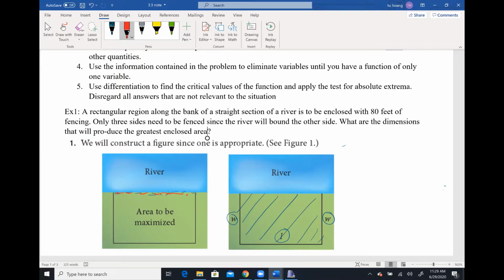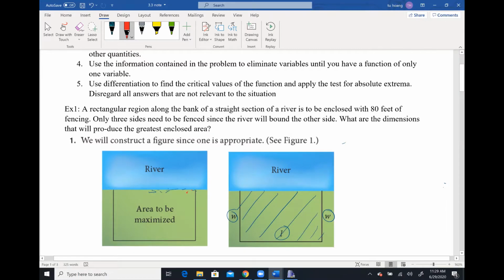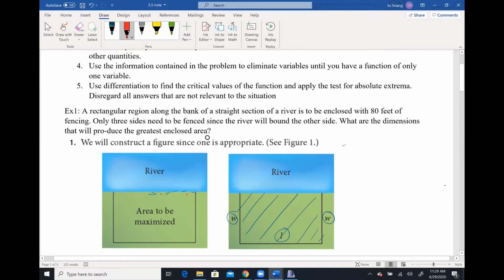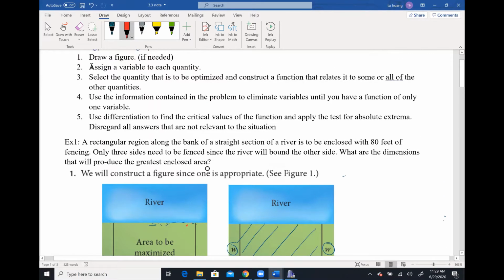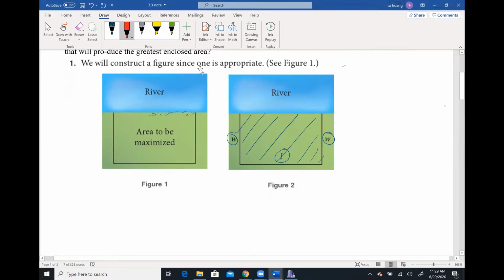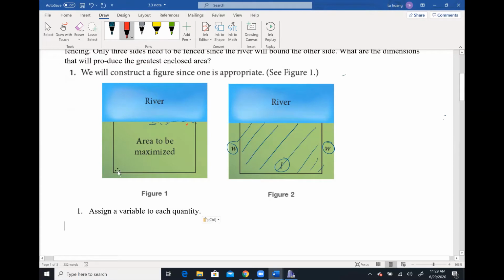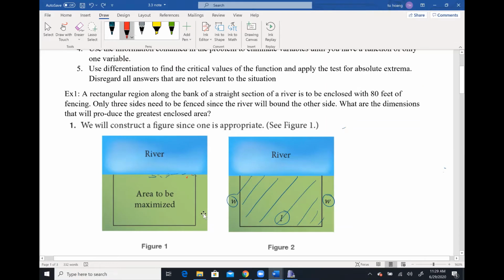After I finish drawing a figure, I'm going to assign a variable to each quantity. Okay, so let's follow step 2 here. In here I have an area like a rectangle, right?